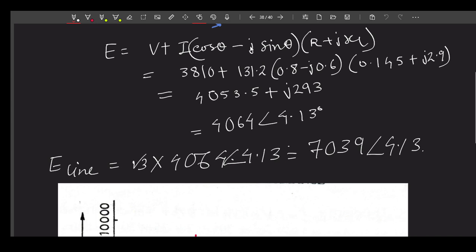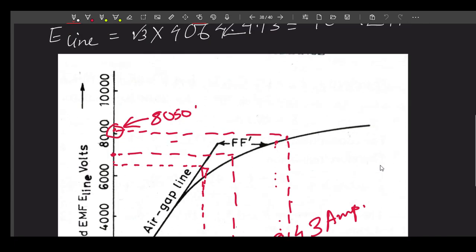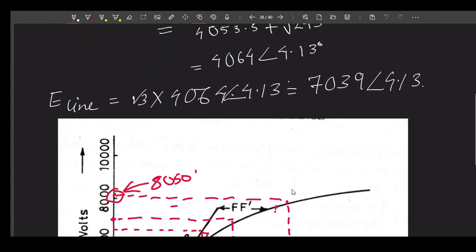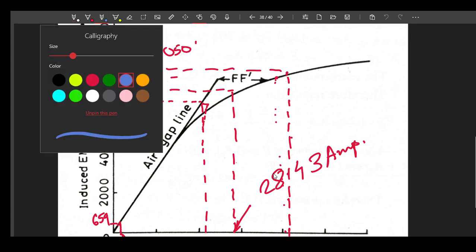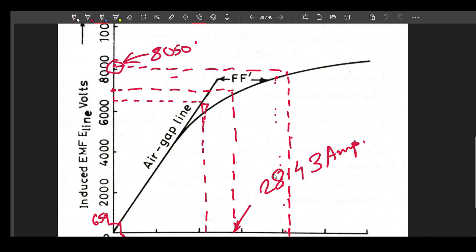So from this what we can see is that E line is 7039, 41.3. Now for this 7039 you need to find out the value of FF dash, that is the last part. So precisely we need to figure out this length.